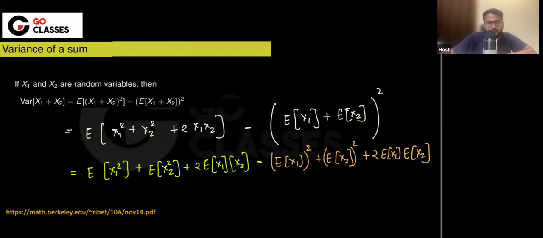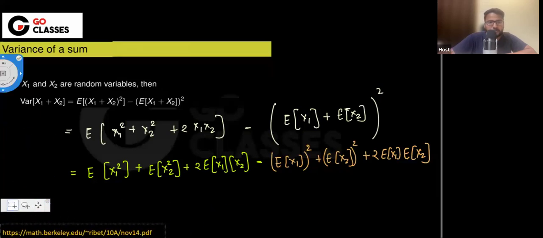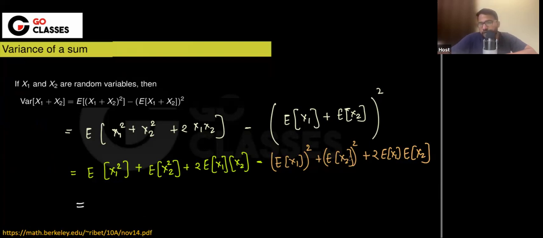Okay. Now, once you have this, you can basically just see if any term is getting cancelled out. So this is expectation of x1 whole square. This is obviously not getting cancelled out, but you can write like this. This is 2 into expectation of x1 x2, and this is also 2.